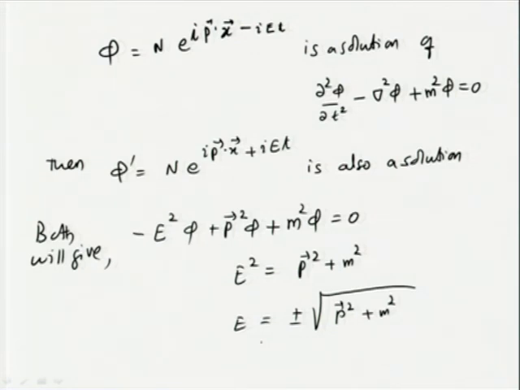We have not put any potential here, which is why E squared is equal to P squared plus m squared: only the kinetic energy term and the mass term are there in the energy. So negative energy is not a physically viable case.